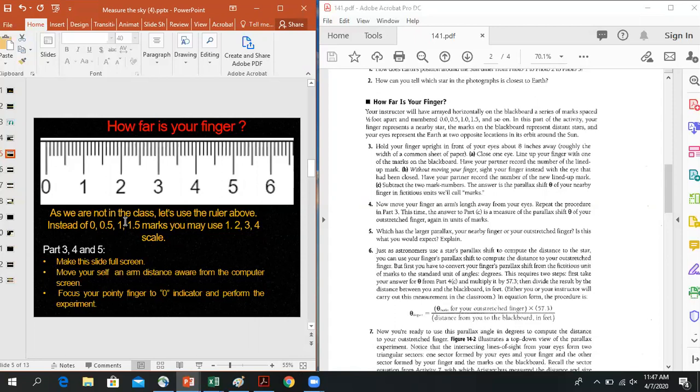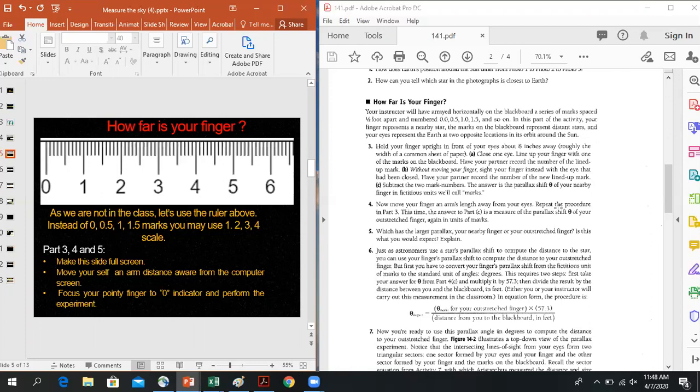So you are aligning your thumb to the 0 indicator while keeping your left eye closed. Then open the left eye and close the right eye. Okay, so you will be seeing a shift of the position, right?